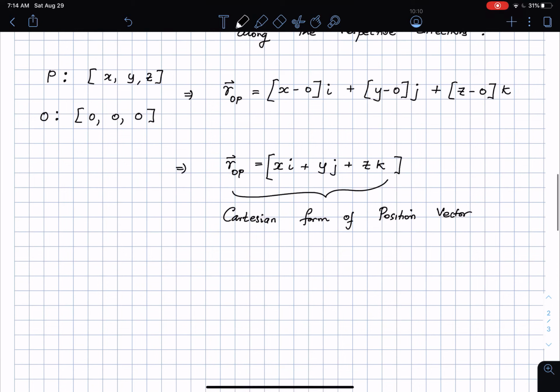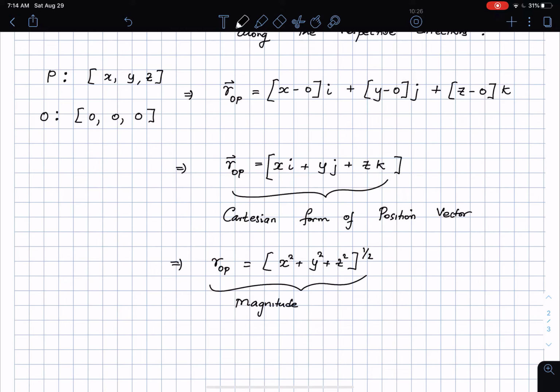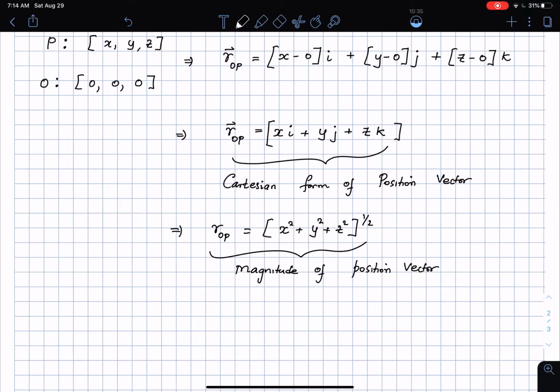I can also find its magnitude. The magnitude of ROP is going to be the sum of the squares to the power 1 by 2. This is the magnitude of the position vector. Okay, and one thing you want to keep in mind is that whenever you write magnitudes, the sum of the squares thing is true only in the Cartesian coordinate system because you have right angles.